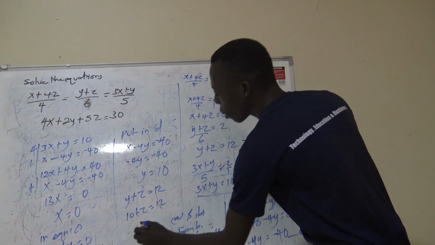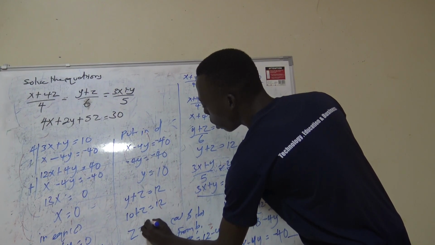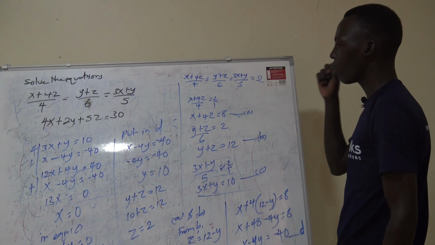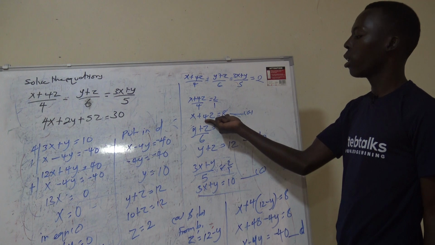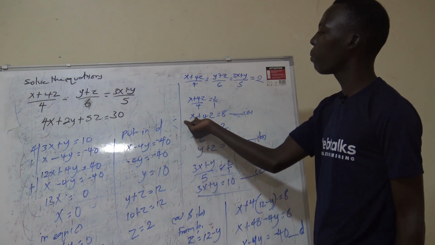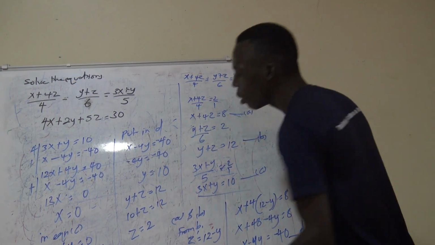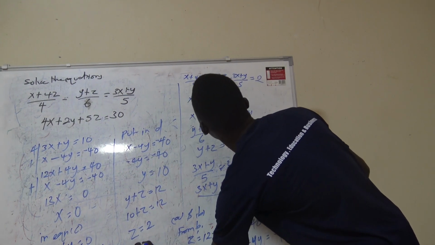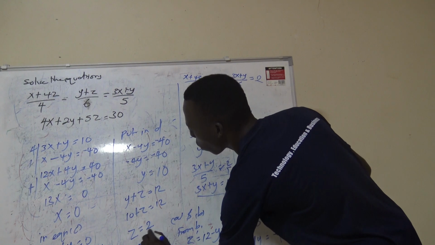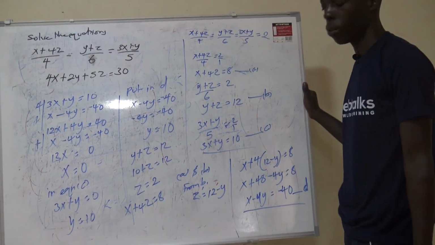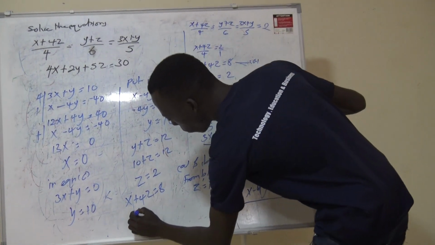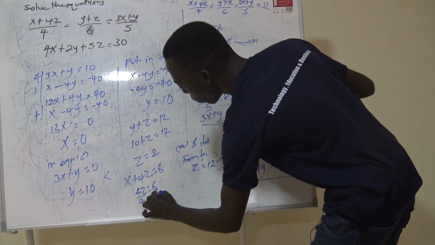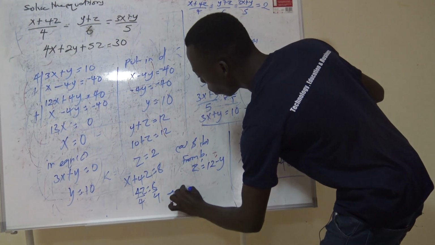By taking this to the other side, z will be 2. To prove it, put in equation A with x as 0: x plus 4z equals 8, so you remain with 4z equals 8. Dividing both sides by 4, we have z equals 2.